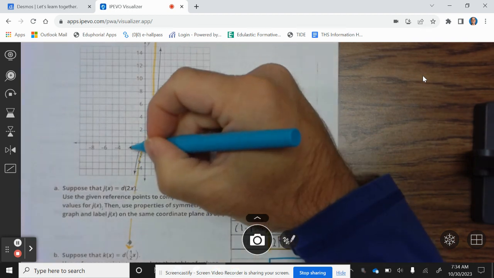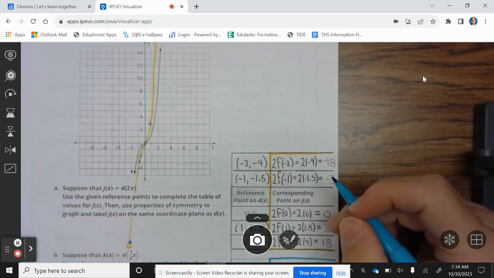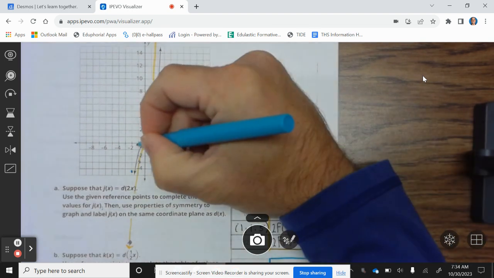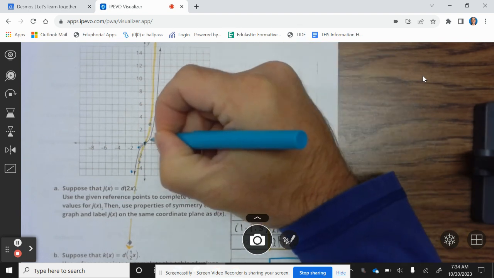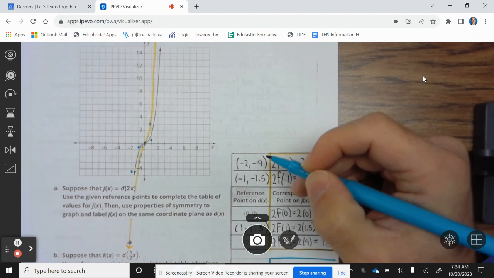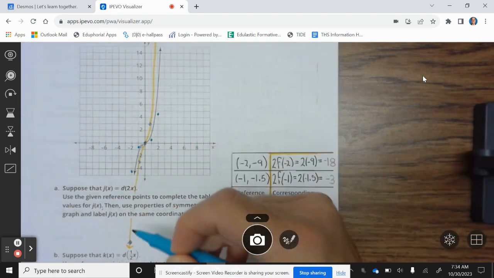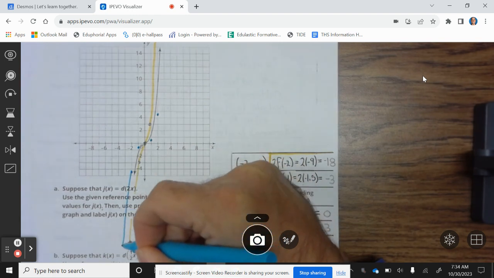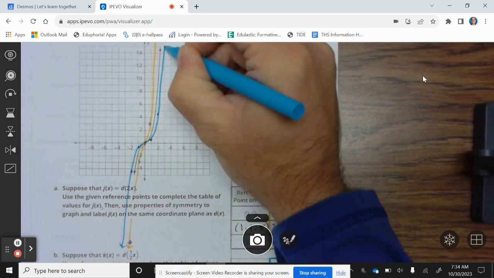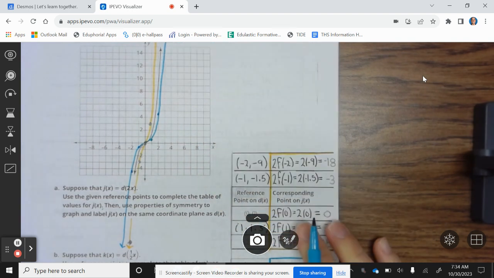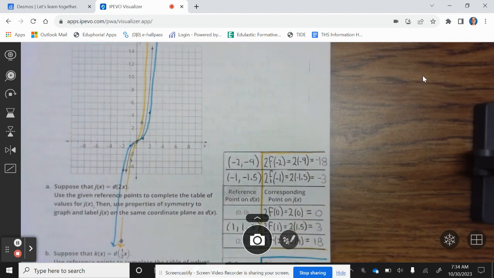So -2, -4.5 is about right there. -1, -0.75 is about right here. 0, 0, 1, 0.75, and 2, 4.5. All right, go ahead and finish the graph.